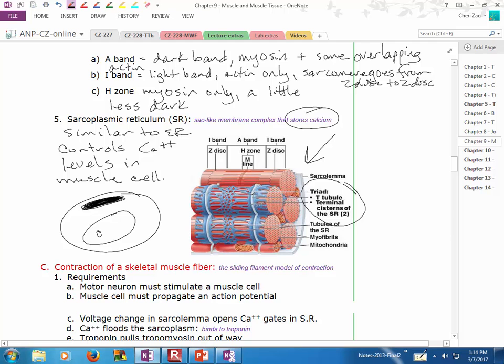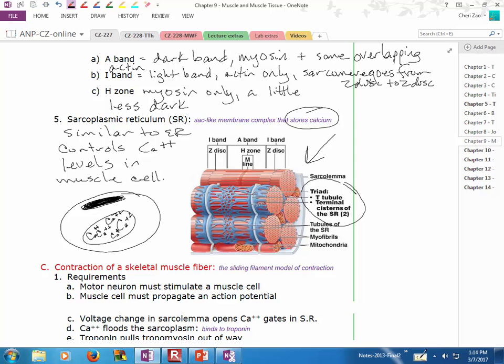And inside that sarcoplasmic reticulum is a whole bunch of calcium ions. And that's where calcium is stored. So this is a storage reservoir for calcium.